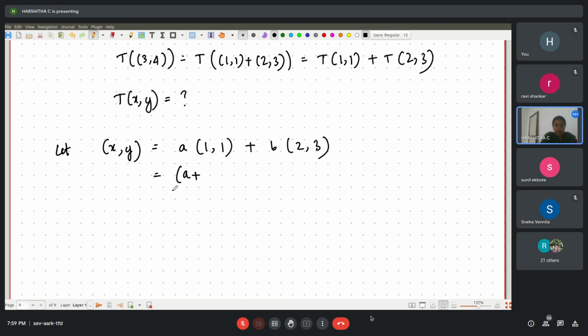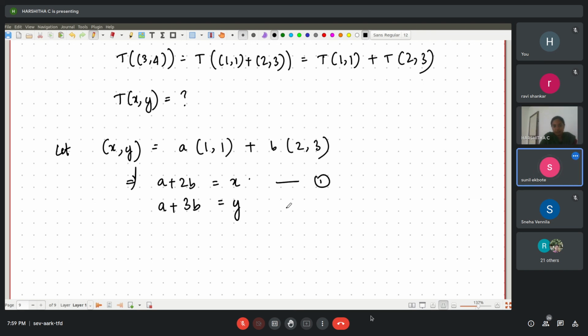Our task is to find A and B. So this would mean A plus 2B is equal to x, and A plus 3B is equal to y. We have to write A and B in terms of x and y. You can just subtract the first equation from the second equation.